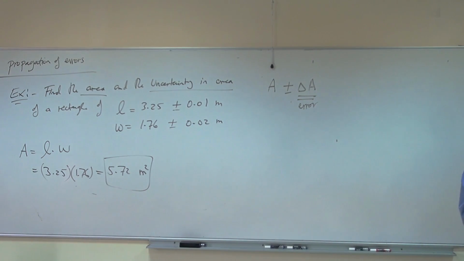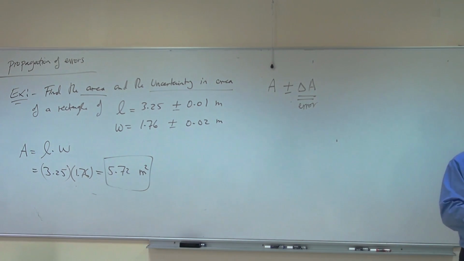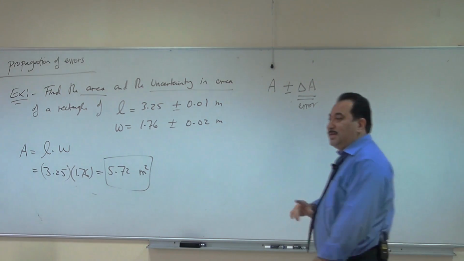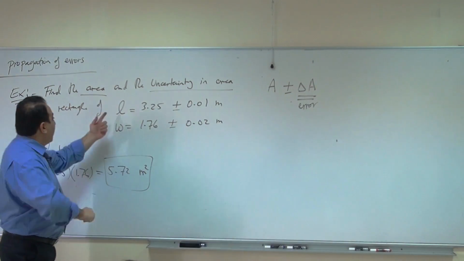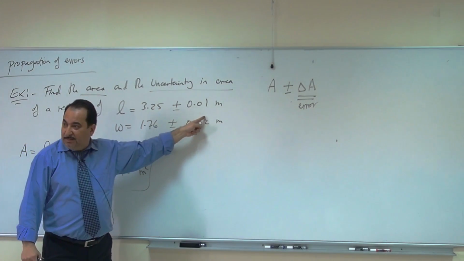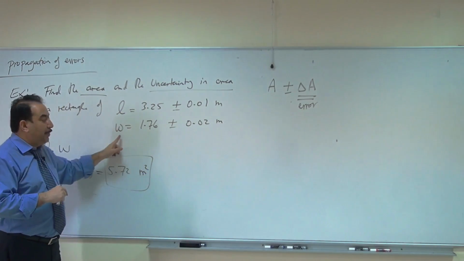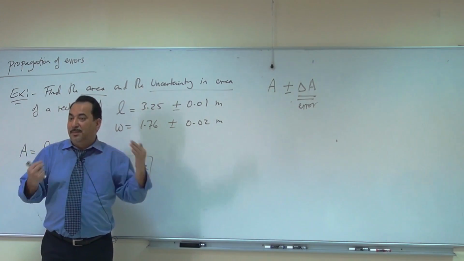Okay? Any more? Is it like A2 minus A1? Okay, she's saying I find A2 minus A1. What is A2? What is A1? Like we plus and minus the error? She's saying I take L first plus, so it means maximum L, and W plus maximum.